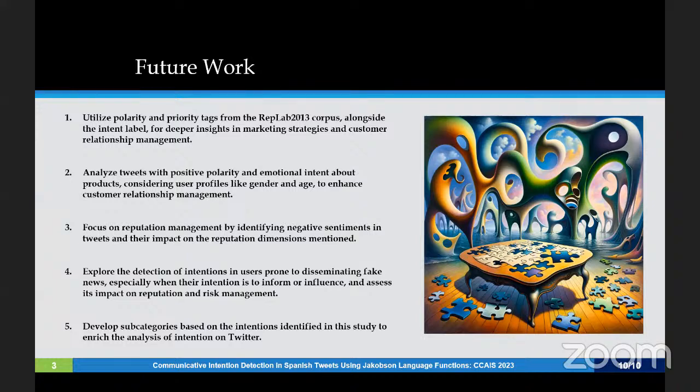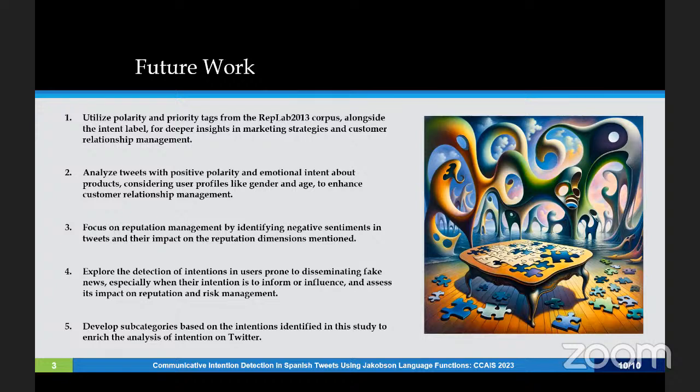Then analyze tweets with positive polarity and emotional intent about products, considering user profiles like gender and age to enhance customer relationship management. At third point, focus on reputation management by identifying negative sentiments in tweets and their impact on the reputation dimensions mentioned.